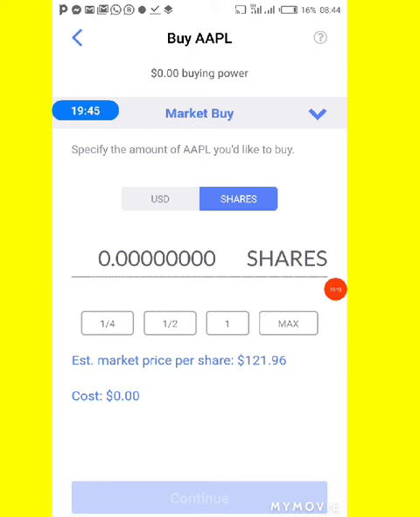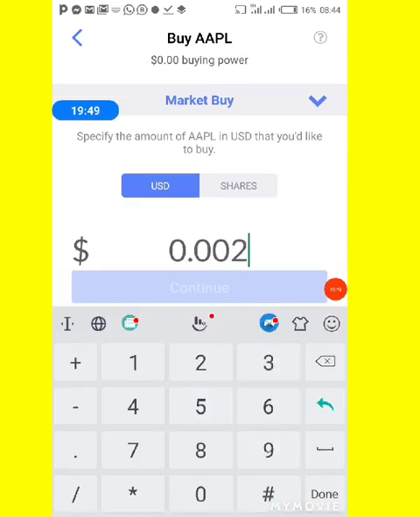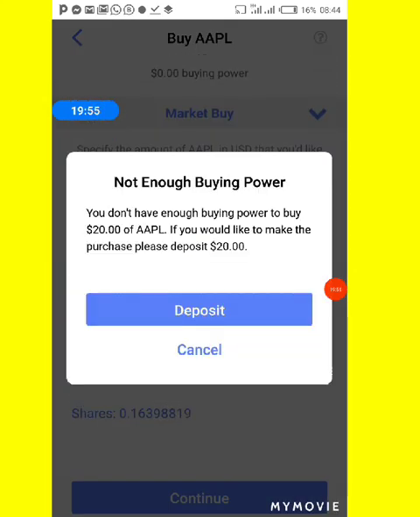Now, I'm going back to the USD. If I enter $20 now, I know it's not going to work because I don't have money here. Now, I click on continue. This is what I'm going to get, you see, there's not enough buying power. You don't have enough buying power to buy $20 of Apple. If you would like to make the purchase, please deposit $20.